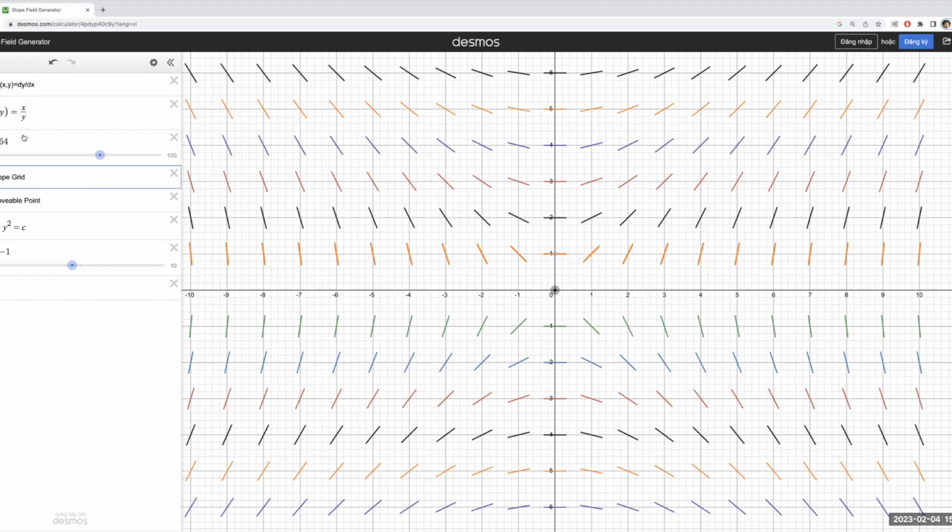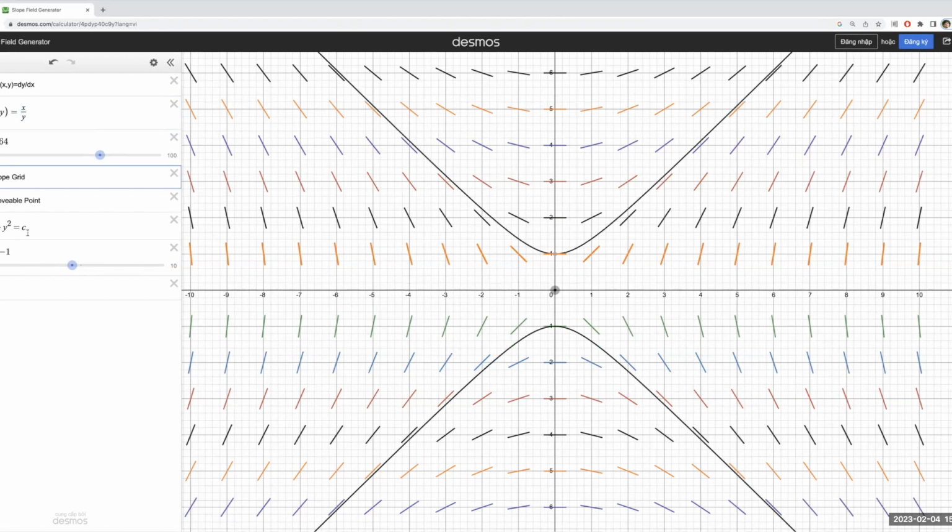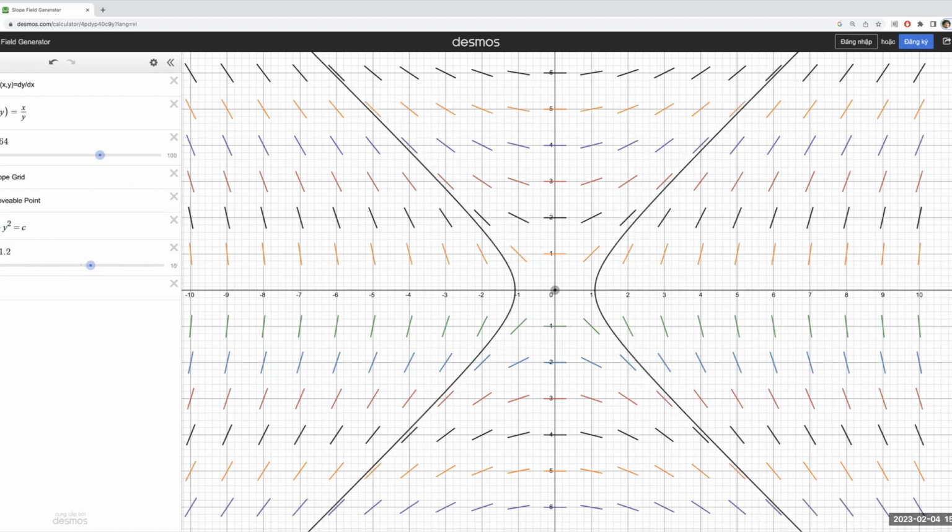And to satisfy this differential equation, we need that the slope at every point be that. So any solution must have slope x over y at each point, and thus lie tangent to each of these little line segments in the slope field. Let's verify that. We verified that this is a solution. So here's x squared minus y squared equals c for various c.